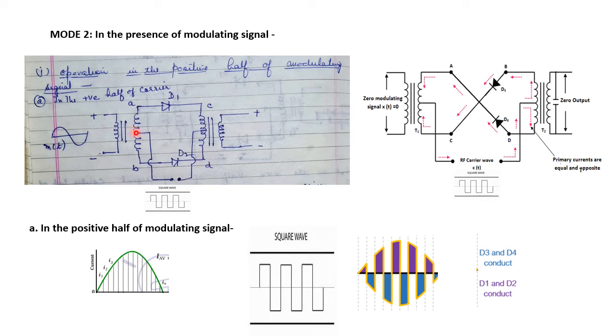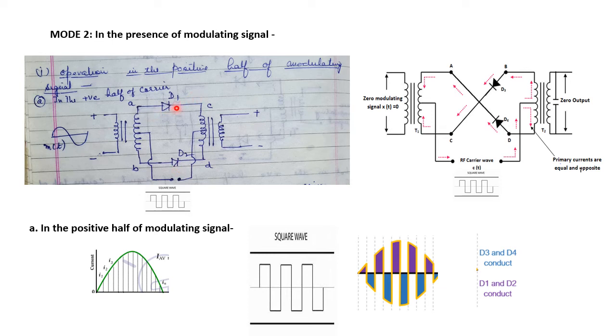So when this point is positive, the P side of the diode D1 as well as of the diode D2 will be placed at the positive potential, and since this terminal is negative, the N side of the diode D1 and that of diode D2 will be negative. Therefore, for the positive cycle of the square wave, the diodes D1 and D2 both are in the conducting mode or in forward bias.